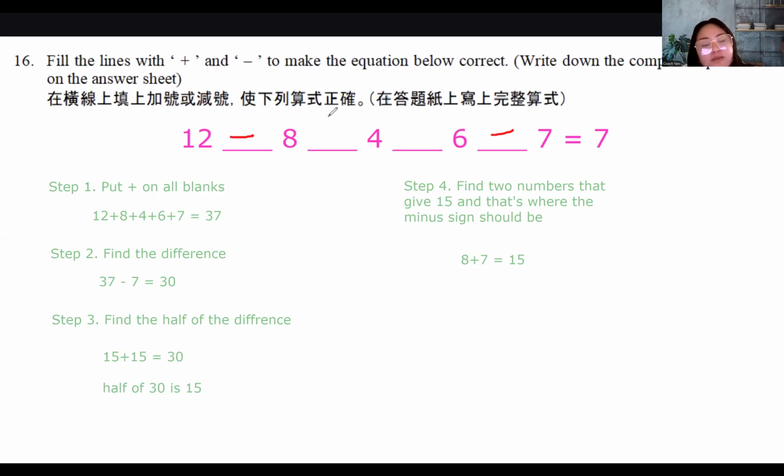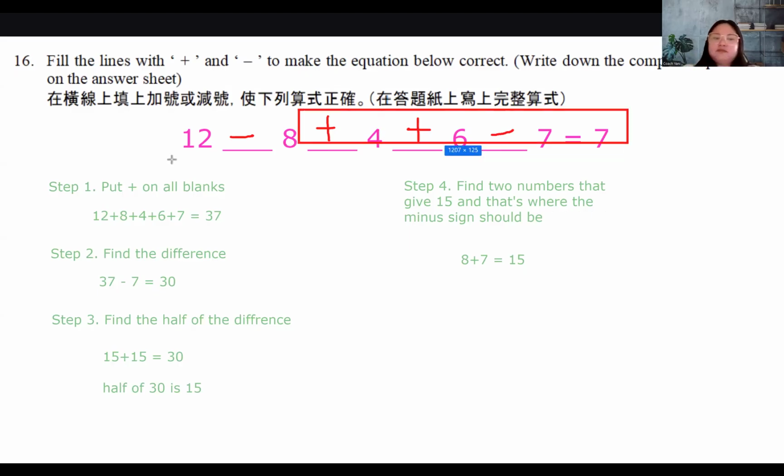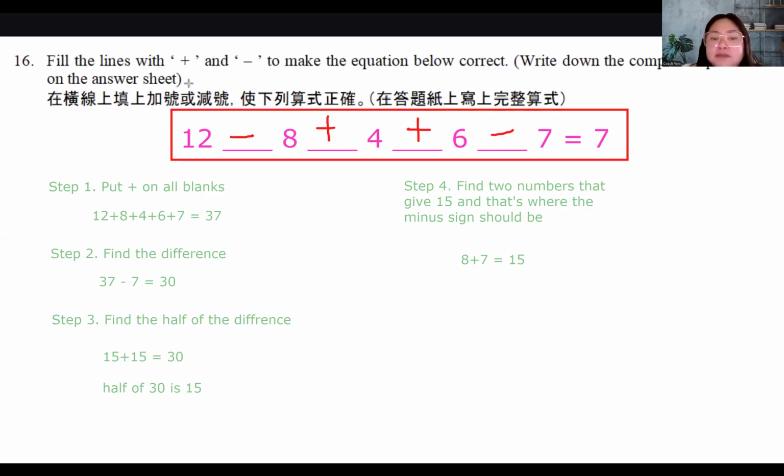And then all the other remaining blanks, you just put plus. And the answer that you will type in the class marker is this whole thing. 12 minus 8 plus 4 plus 6 minus 7, that's equal to 7. Okay?